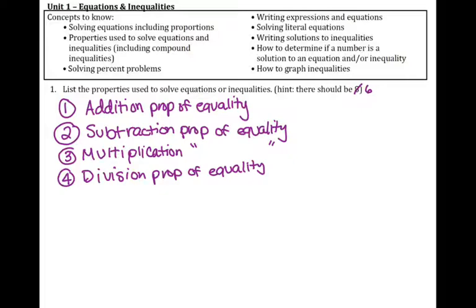I also am able to distribute with equations and inequalities, so that is called the distributive property. And last but not least, another thing that I can do with equations and inequalities is combine like terms.